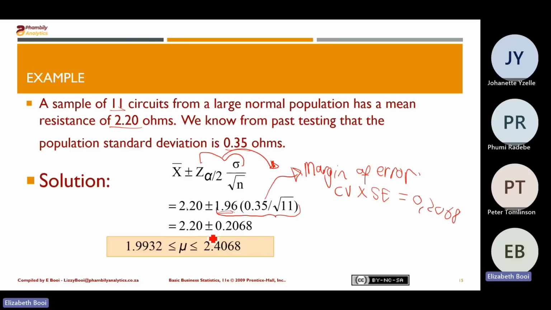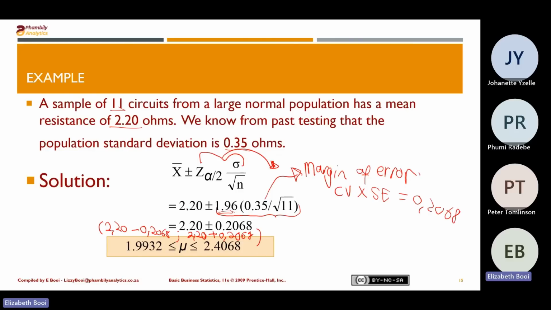Your point estimate plus or minus, because we're doing plus or minus, so we can calculate from this side. This value was found by saying 2.20 minus 0.2068. And this side was 2.20 plus 0.2068.